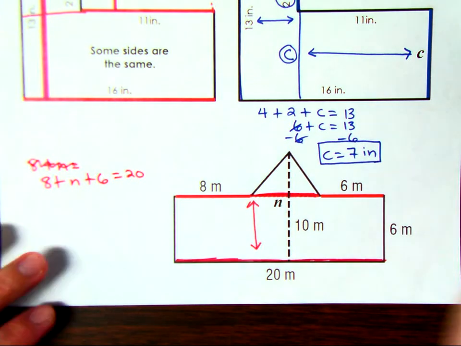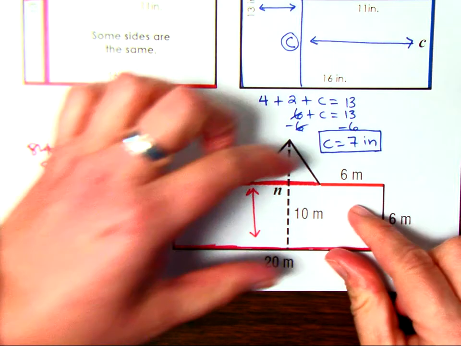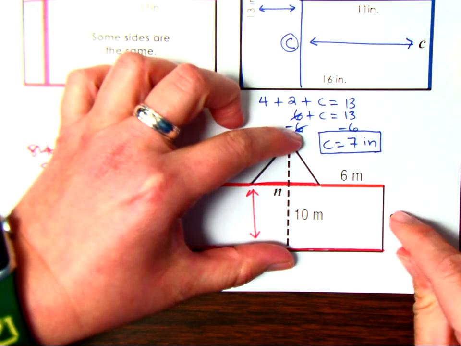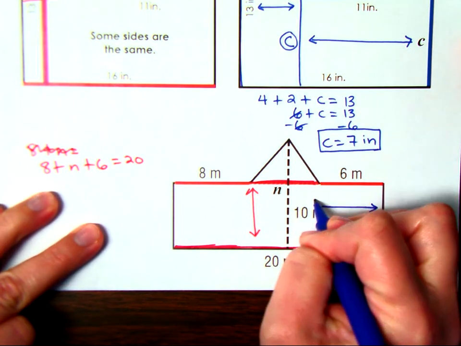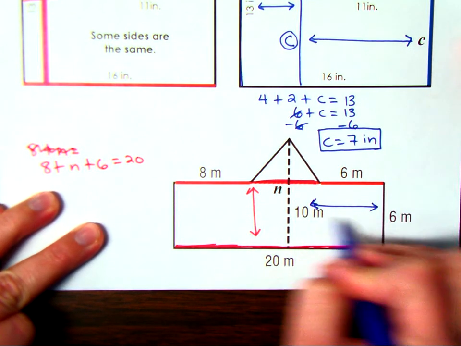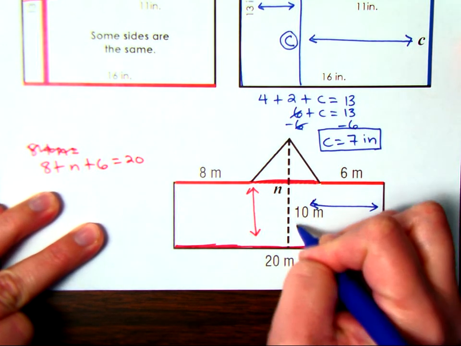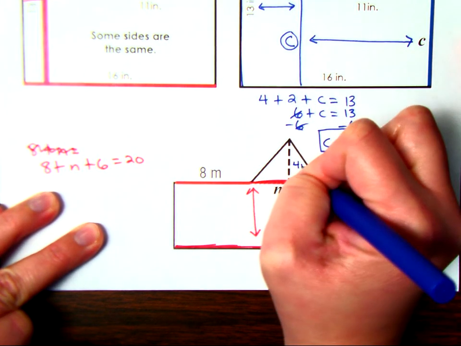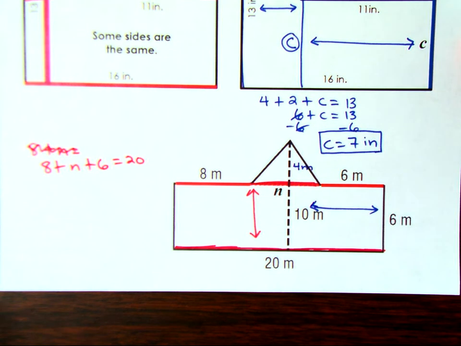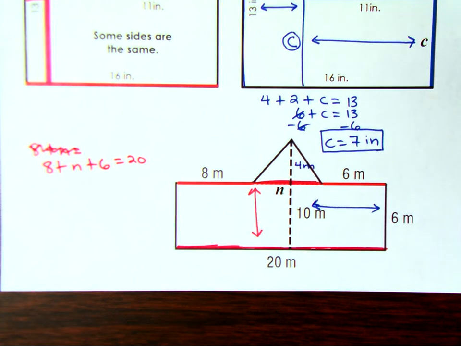Okay. What this 10 actually represents was this whole dash. So if you see right here, the vertical, if this is 10 and this is 6, that really means this whole distance was 10, so 10 minus 6 means that height of the triangle is 4. So we'll come back to that later on. Right now, we're just figuring out what n is, okay?